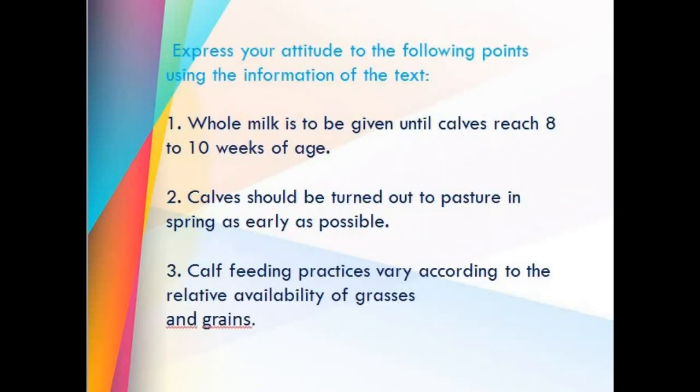Next, please express your attitude to the following points using the information of the text. First, whole milk is to be given until calves reach 8 to 10 weeks of age.